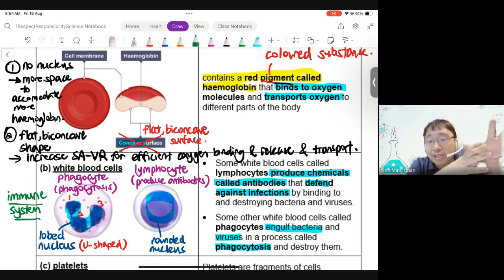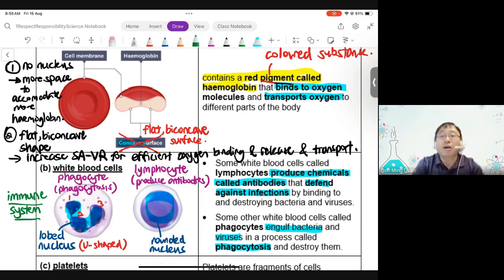When your immune system is weak, you get infections more easily. You're more vulnerable. If you are more vulnerable to infections, you will fall sick more easily. You get fever, flu, cold, cough much more easily than others with a stronger immune system.